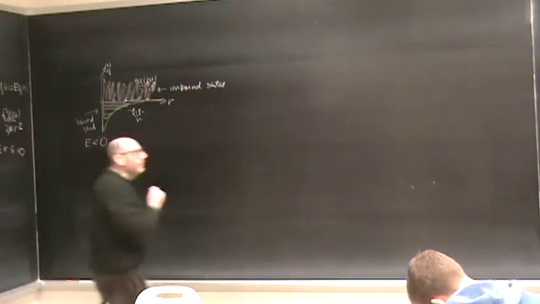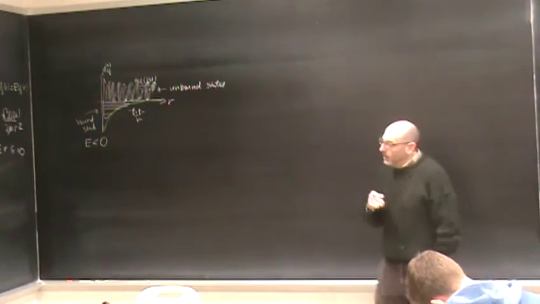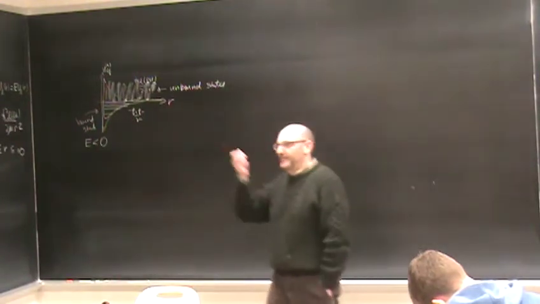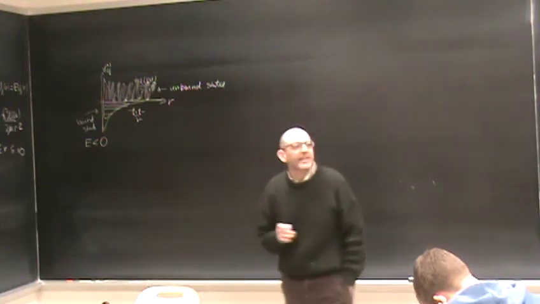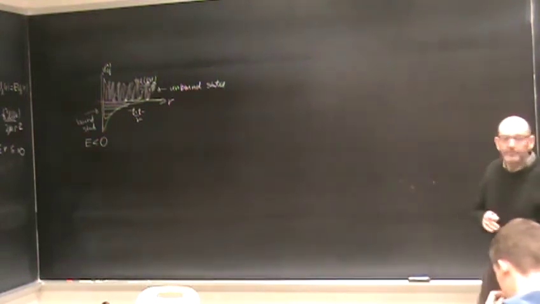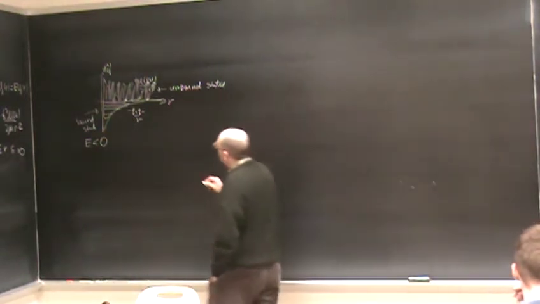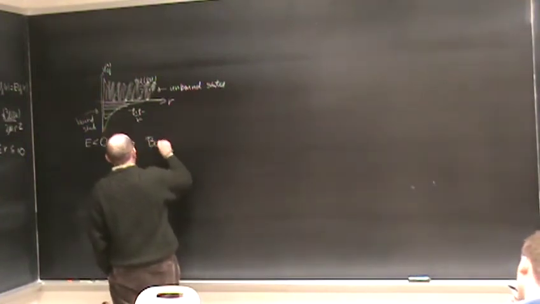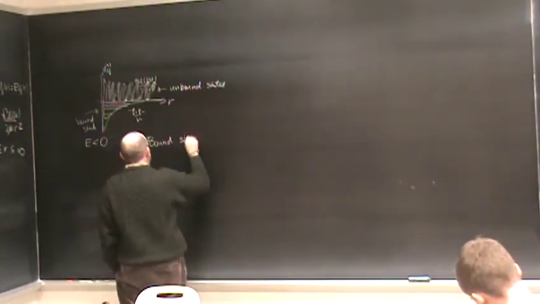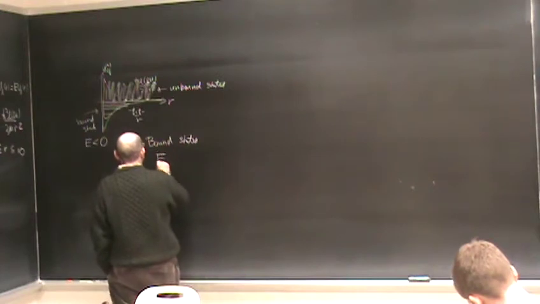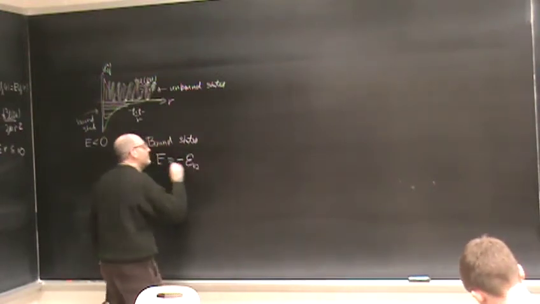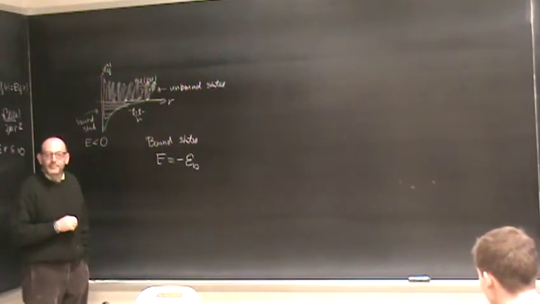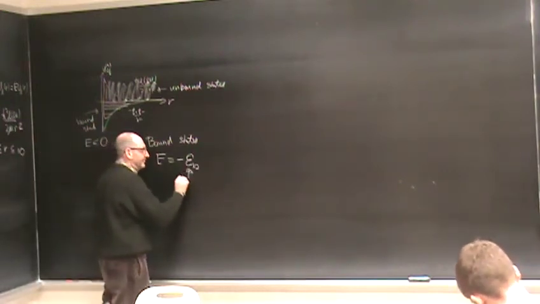Okay? So we're going to talk about, for the foreseeable future until late in the semester, the case of the bound states. So for the bound states, E is less than 0, we'll call that minus E sub B. Okay, so this is the binding energy.